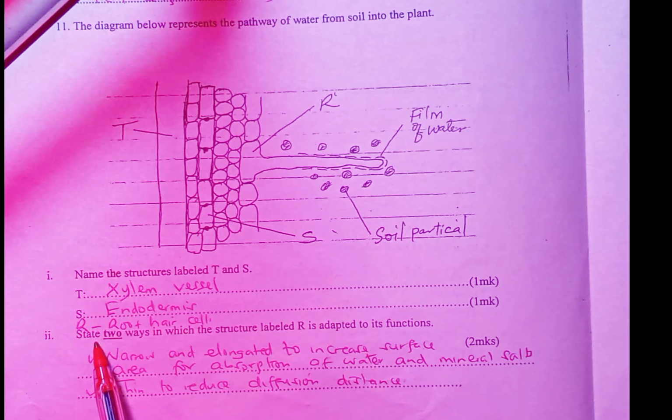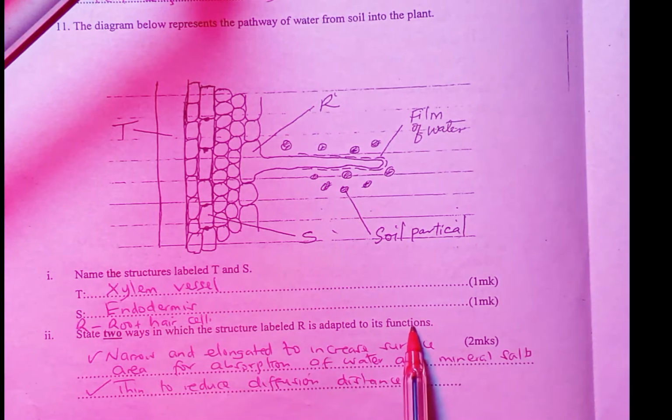We go to Roman 2, state two ways in which the structure labeled R is adapted to its function.